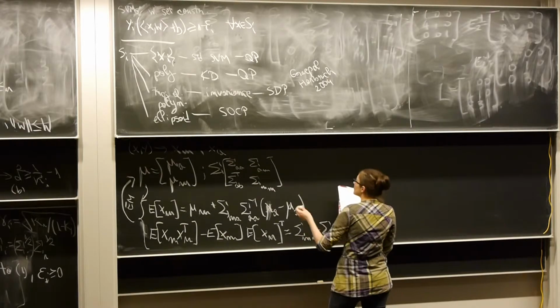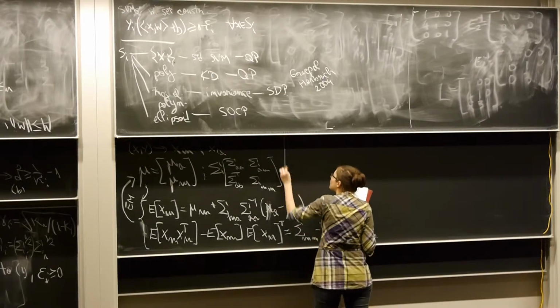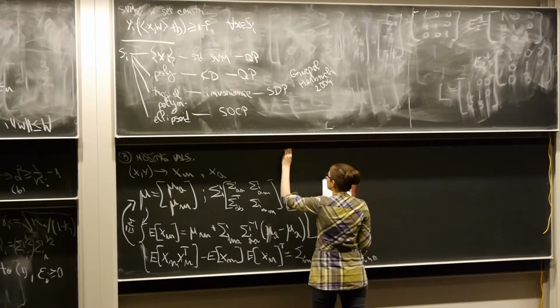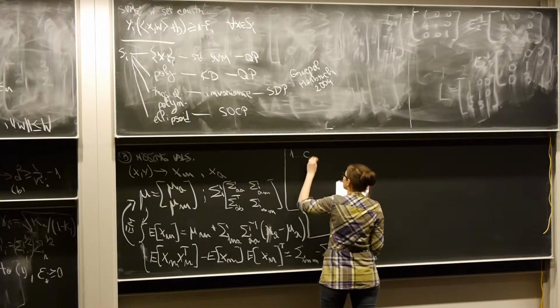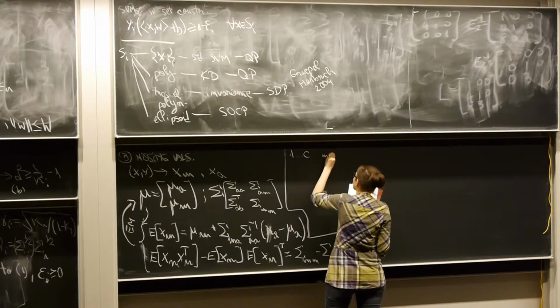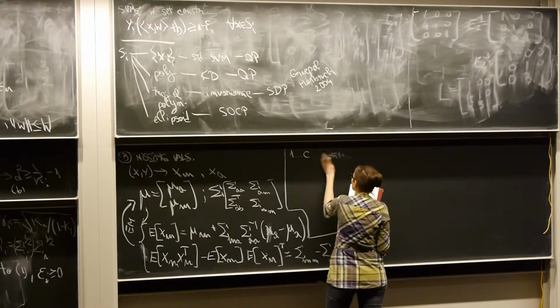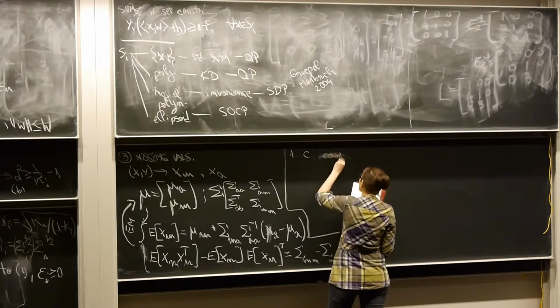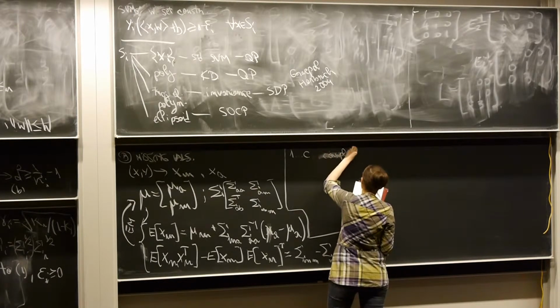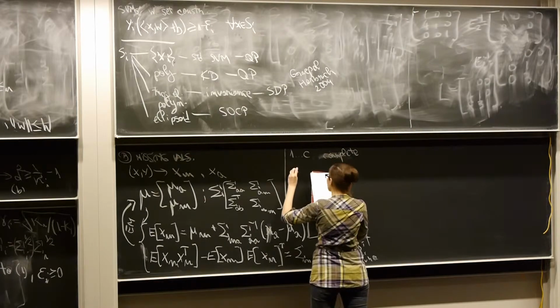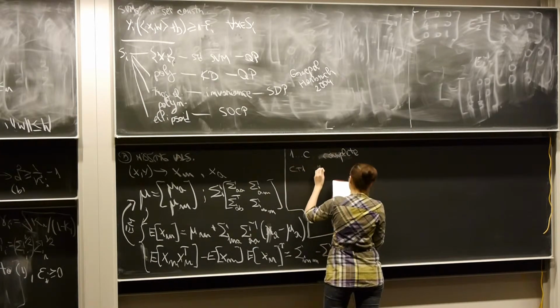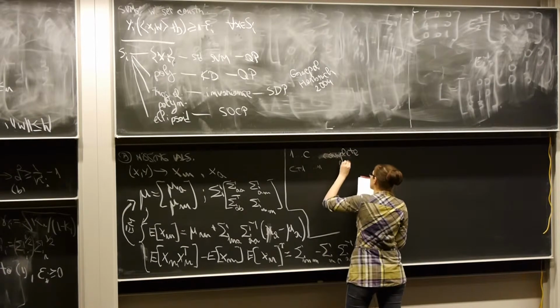Now let's assume that in our samples, samples 1 through C are available, complete, and C plus 1 to N have missing values.